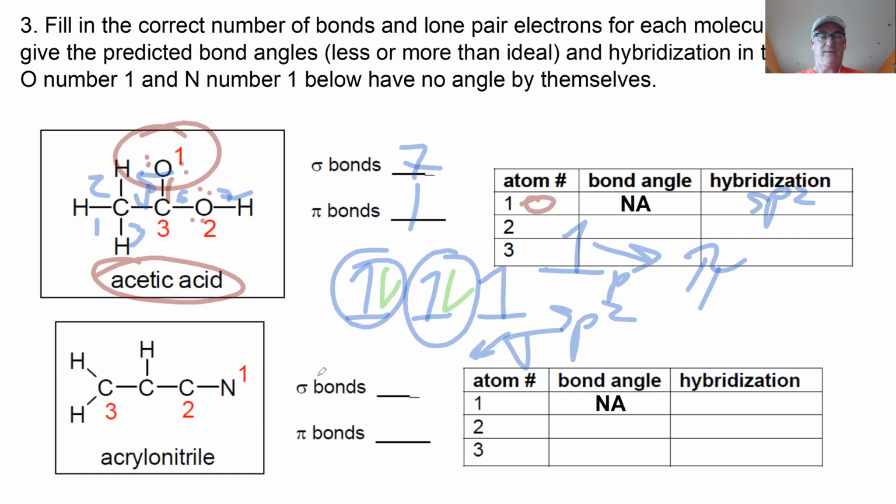Yes, where does that leftover p come from? There's 6 valence electrons in oxygen. So you've got 2, 4, 5, 6.